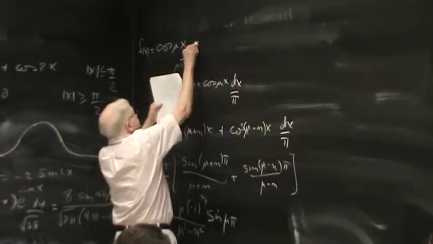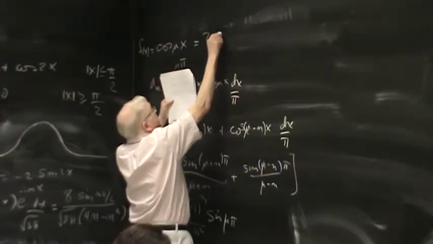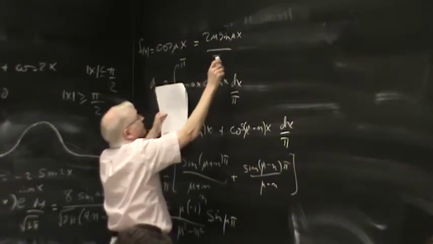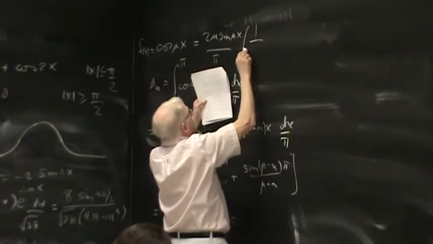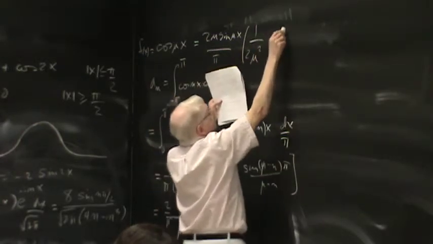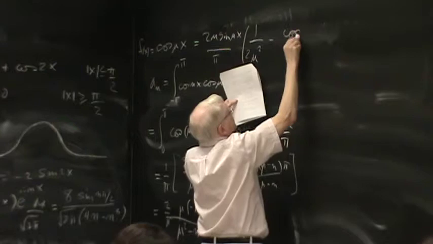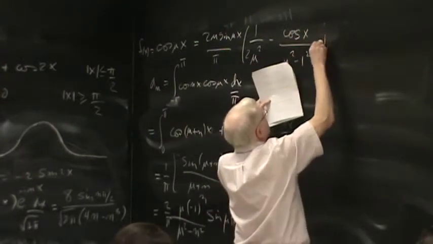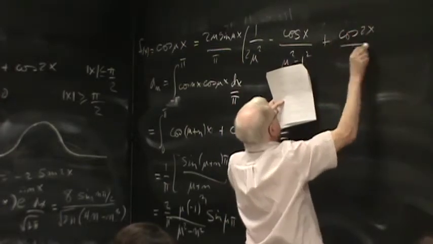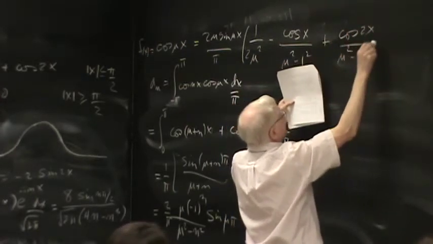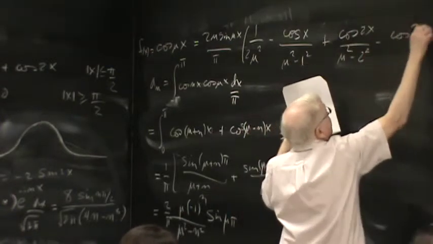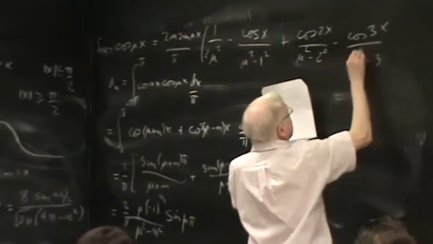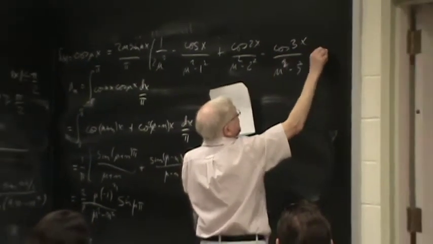And so this gives us a nice series for this thing. Cosine mu x is equal to 2 mu sine mu pi over pi, times 1 over 2 mu squared, minus cosine x over mu squared minus 1 squared, plus cosine 2x over mu squared minus 2 squared, minus cosine 3x over mu squared minus 3 squared, plus minus blah, blah, blah.